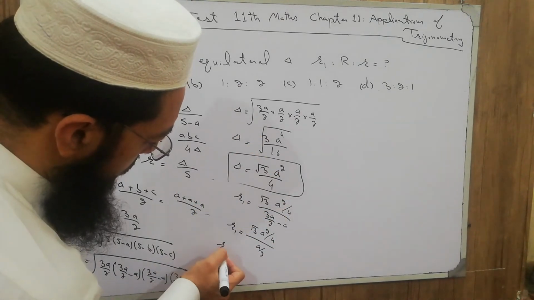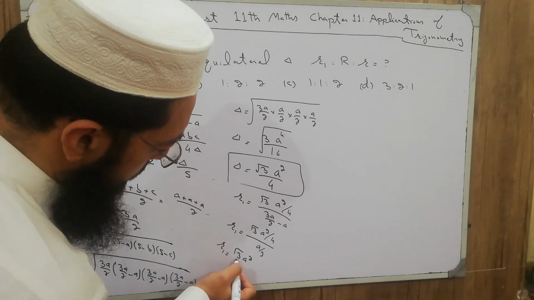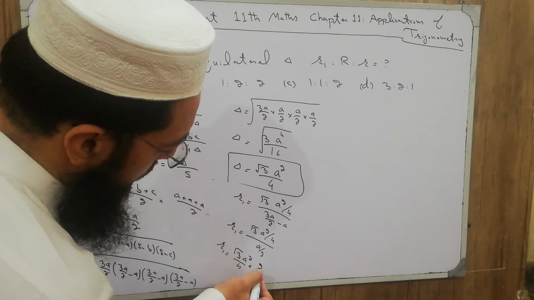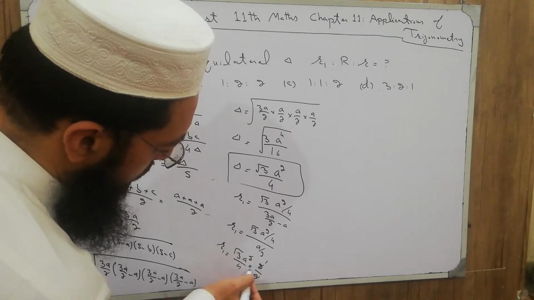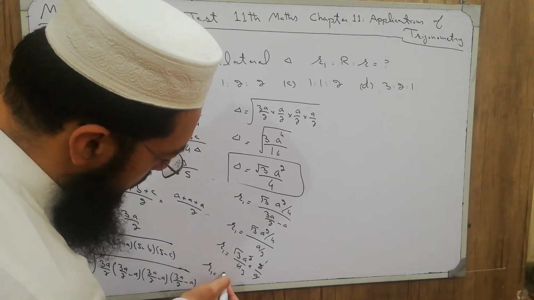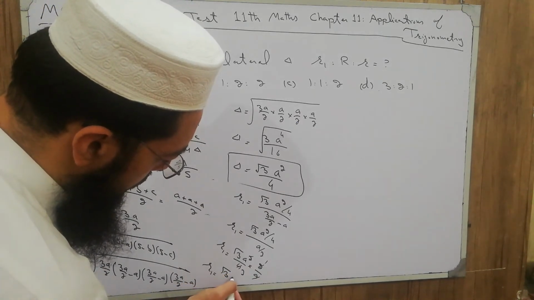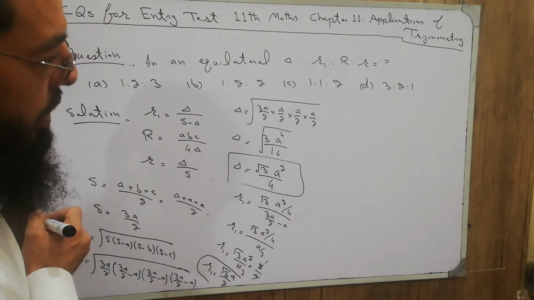So, r1 is equal to the square root of 3 A square by 4, and with double division this is 2 by A. So, 1A is cancelled with 1A, 2 ones are 2, 2 twos are 4. So, r1 is equal to the square root of 3 A divided by 2. r1 is equal to the square root of 3A by 2.